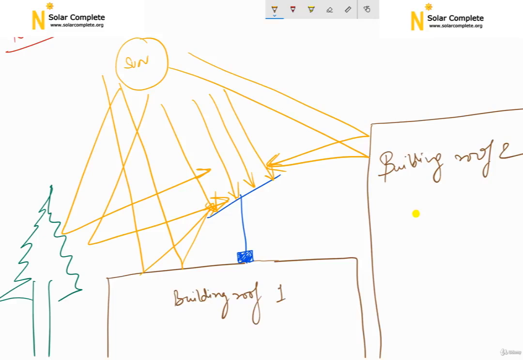First is called grid connected, or grid tied solar power plant. Second is off grid solar power plant.